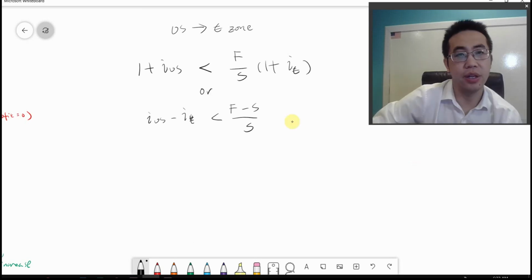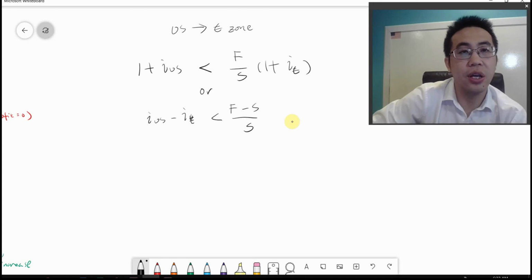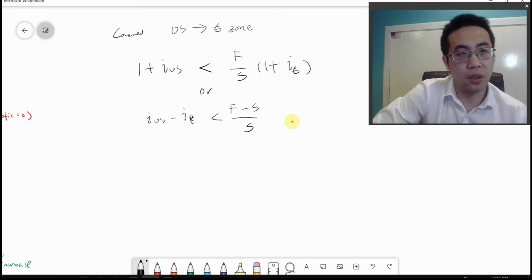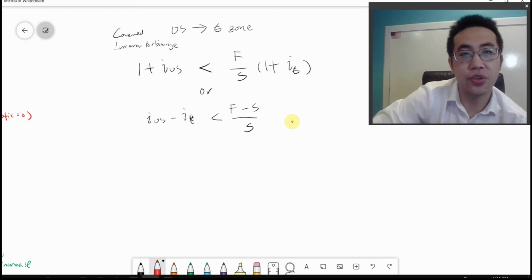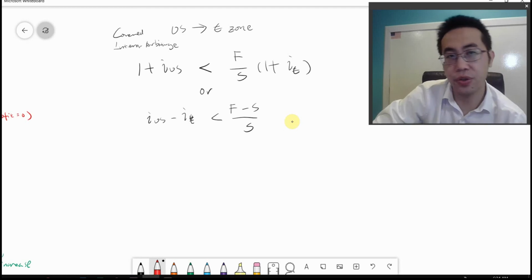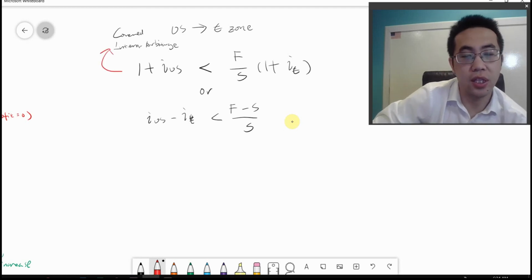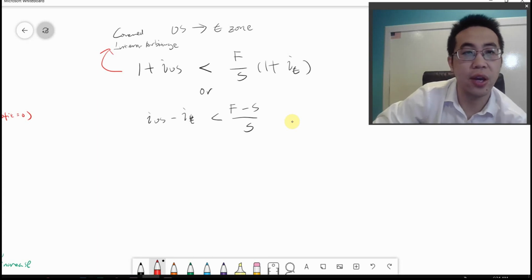So what will happen is people will conduct covered interest arbitrage, and this is a covered interest arbitrage. When people conduct covered interest arbitrage like this, U.S. money goes to the eurozone, it must come from this U.S. rate being relatively lower. Otherwise, our money will stay home.